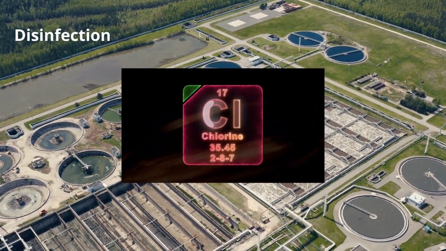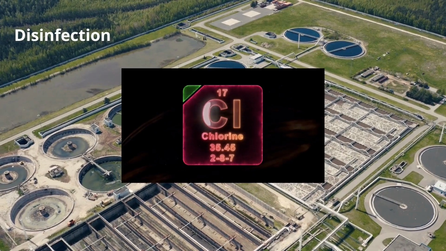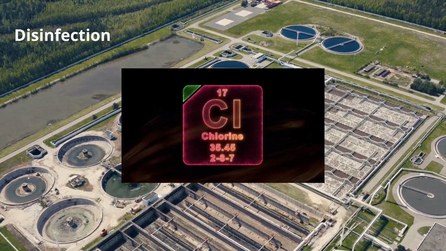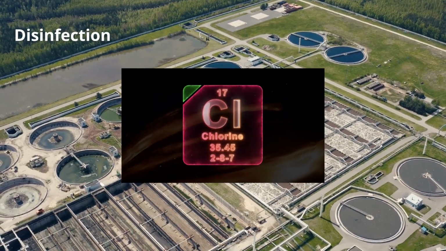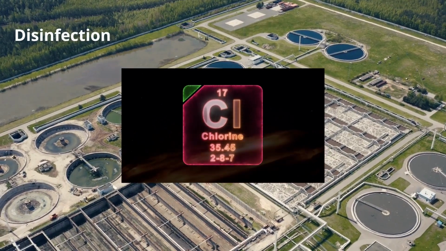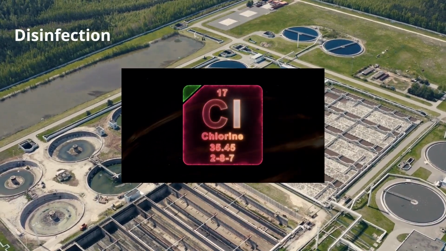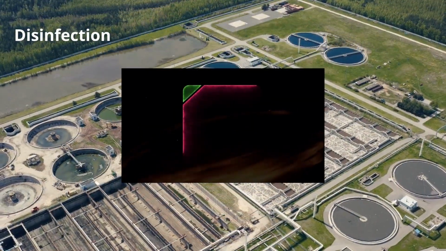Whichever method is used, chlorine is added to the water in an amount to ensure all microorganisms are destroyed. Water plants monitor the chlorine levels continuously and very carefully in the treated water. They must add enough chlorine to ensure thorough disinfection of the water, but avoid adding excesses that can cause taste and odor problems when delivered to the consumer.